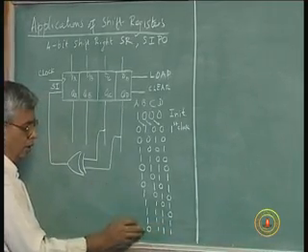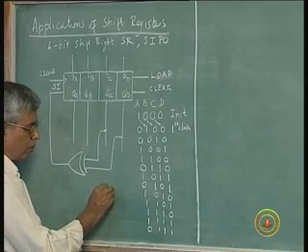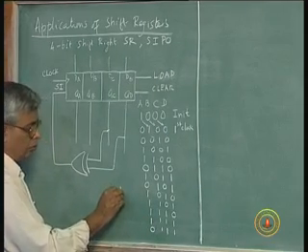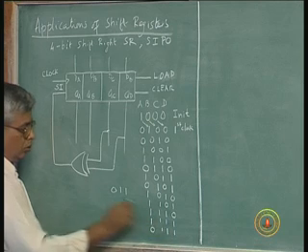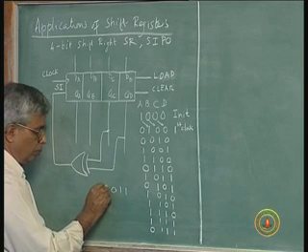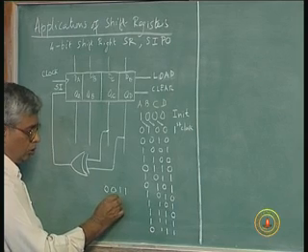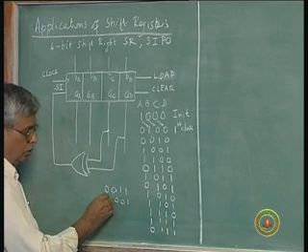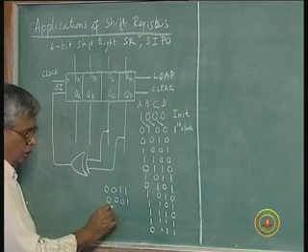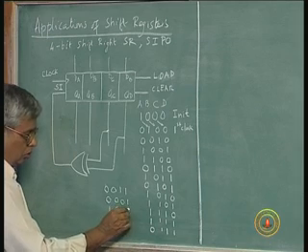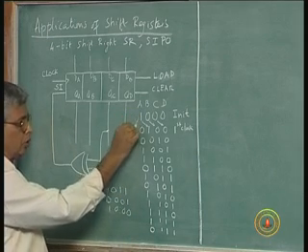I will write here. After this, it will be 0, 1, 1, 1, 0. Then 0, 0, 1, 0, 1, 0, 0, which is this.